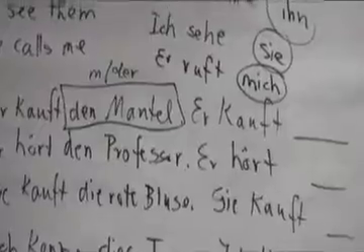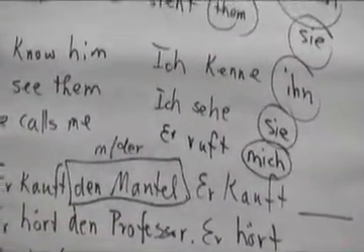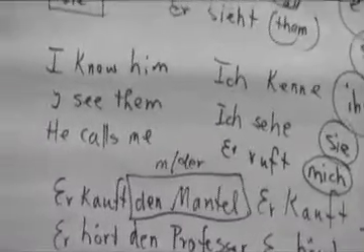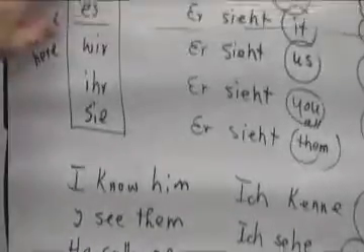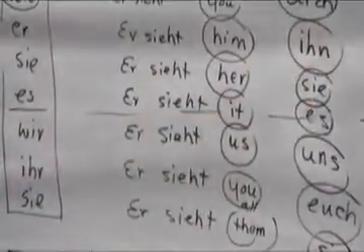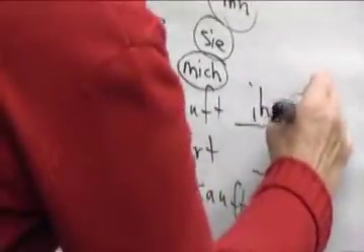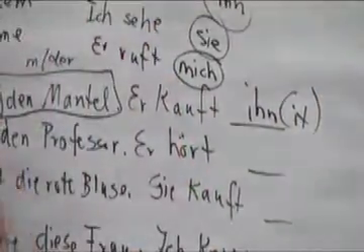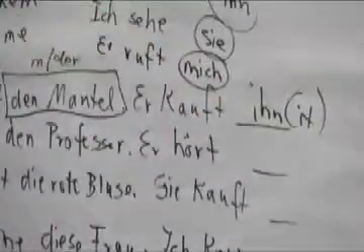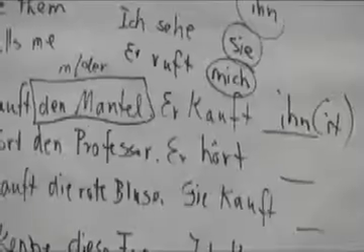Kauft ihn, because der Mantel, if we replaced it, it would be er, but since it is in the direct object, it has to become ihn. Kauft ihn. And ihn means it here, because we are talking about a thing. If it were a person, it would be him, but here it is a thing. So the English translation for a thing would be it.